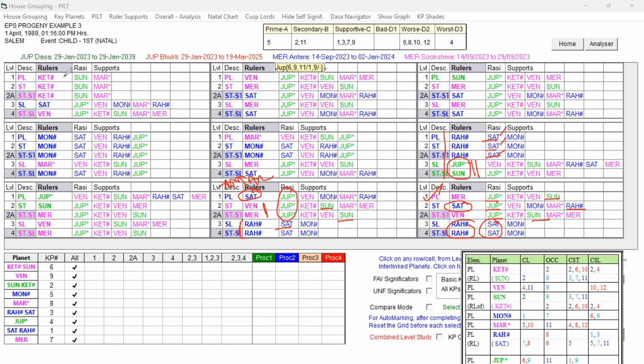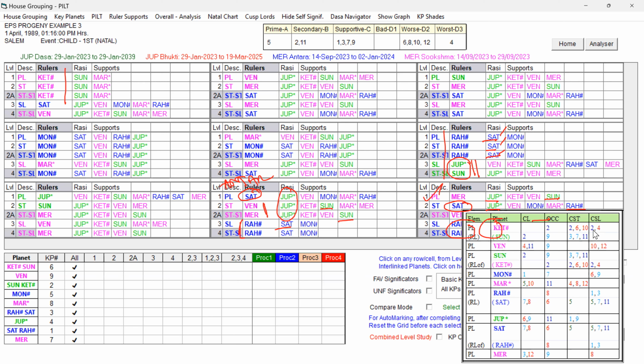In the Ketu Buddhi, whether Ketu is having favorable key planets for the progeny, you check that Ketu is having second occupant, second cuspal sublord, and fourth sublord, some weakness also there, but it represents Sun. Sun is a strong favorable key planet which is representing Ketu, and Ketu has got Mars in support.